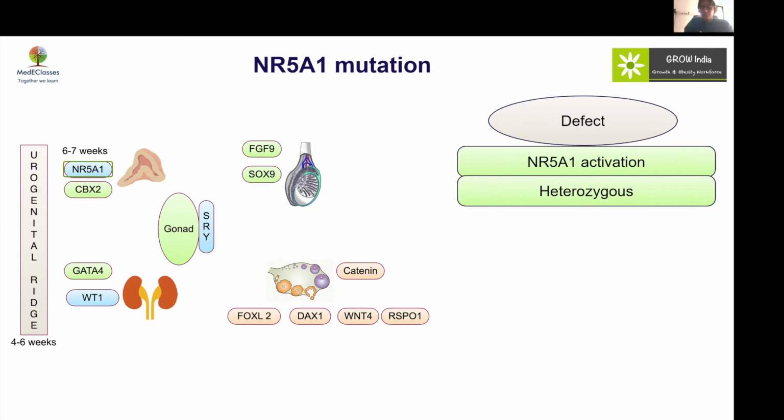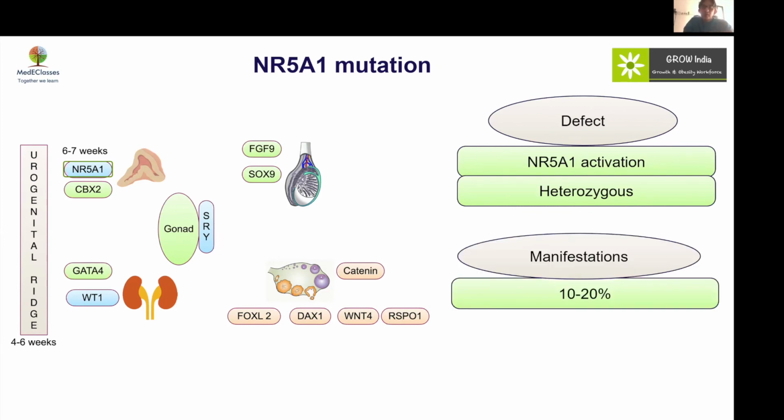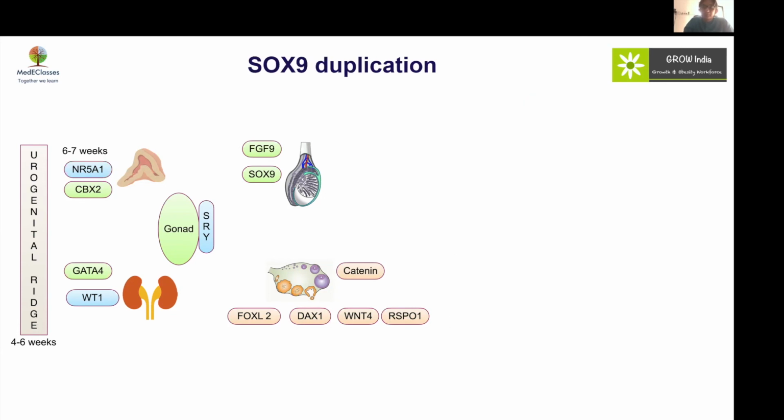And we know that homozygous NR5A1 mutation typically leads to XX male, but the parents of this homozygous case are heterozygous, and accordingly genetic counseling is required. It is present generally in 10 to 20%, and in this NR5A1 defect, if it is heterozygous, then the adrenals are rarely affected. The only affected part is the gonads, and it will result in XX male.